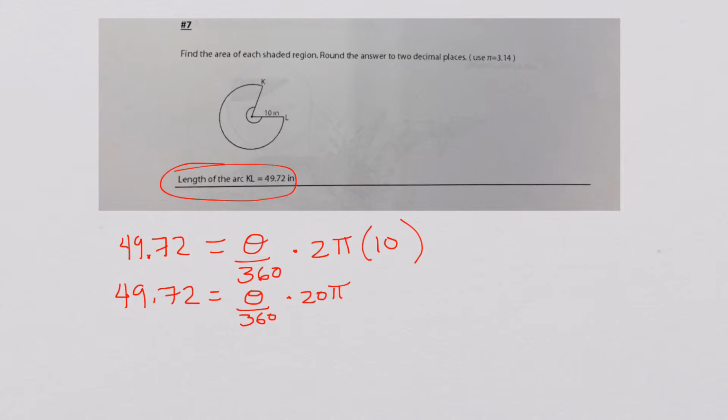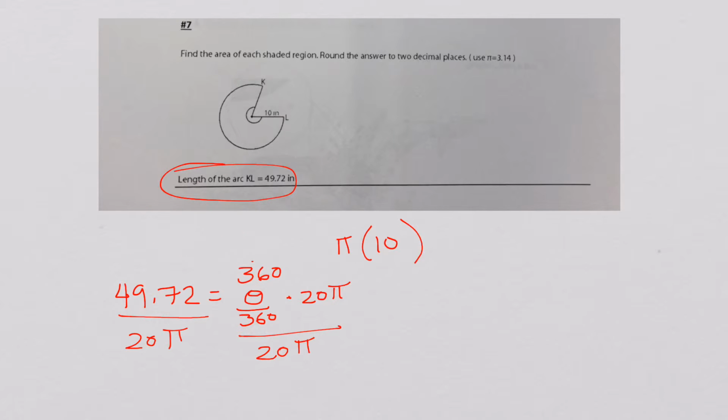Because we're multiplying by 20 pi on this side, in order to move it to the other side, we divide by that amount. What we do to one side, we have to do to the other, so let's divide both sides by 20 pi.